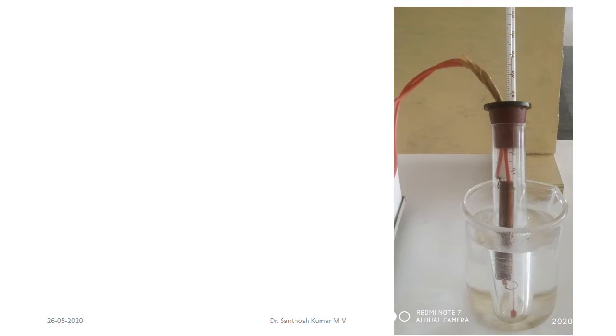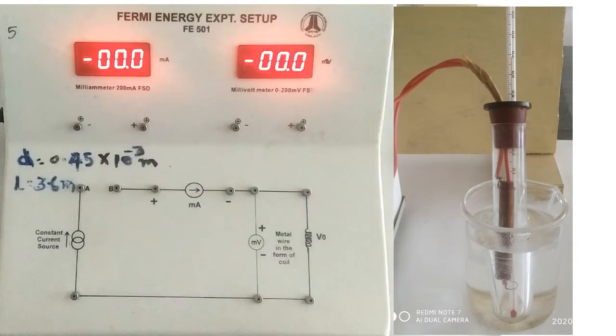We can see the thermometer shows temperatures like 50, 60, 70, 80. We can record the temperature using the thermometer. The circuit will be like this.